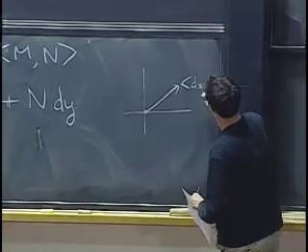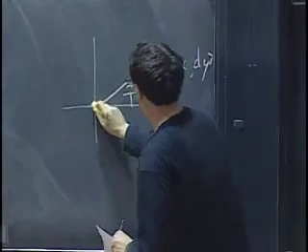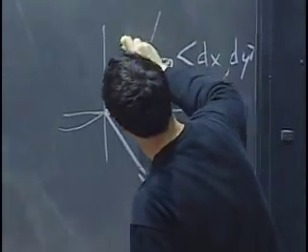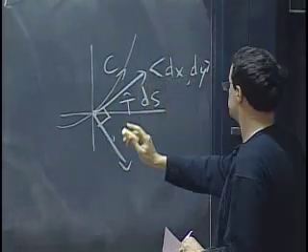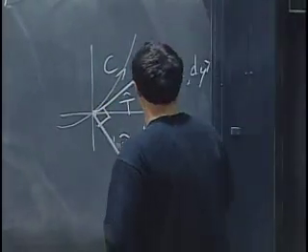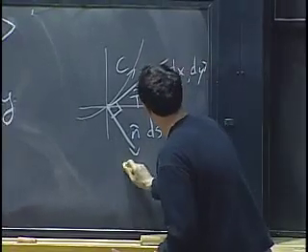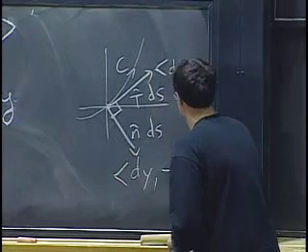So T ds is dx, dy, and the normal vector n ds goes clockwise, perpendicular to the curve. So it's going to be dy and negative dx.